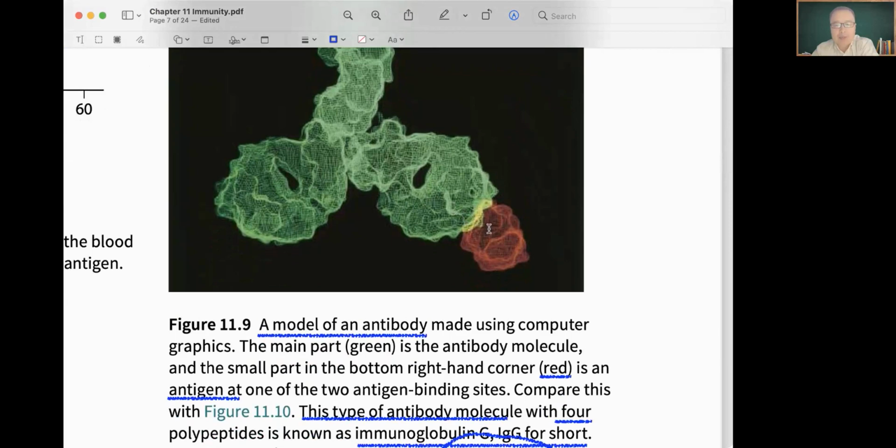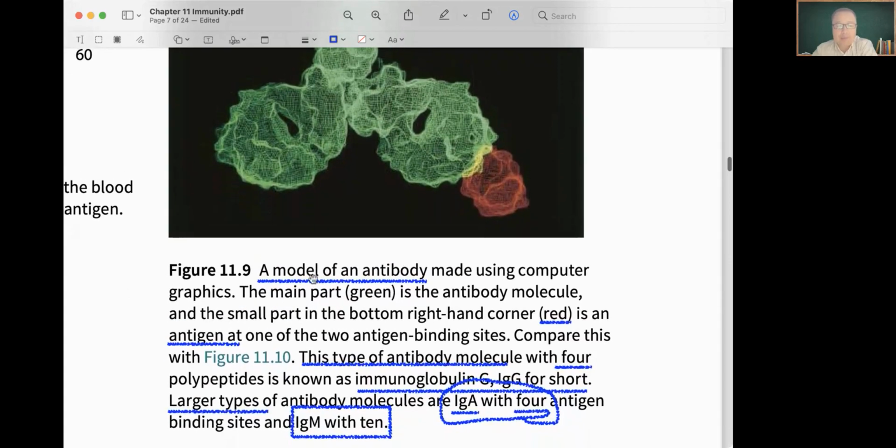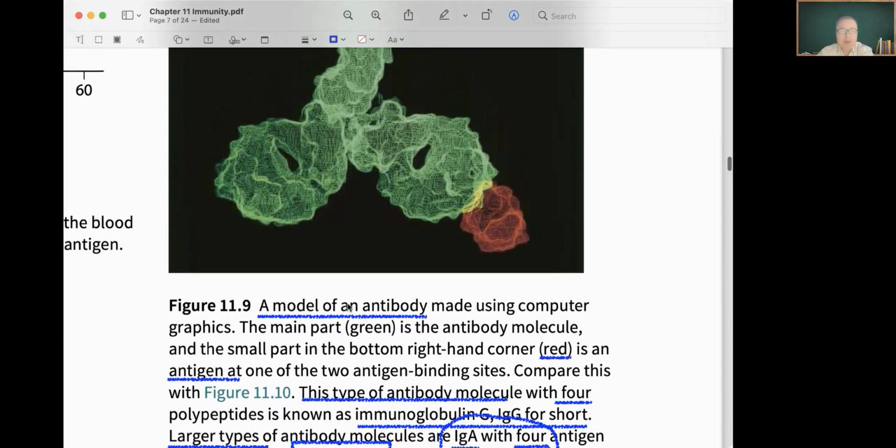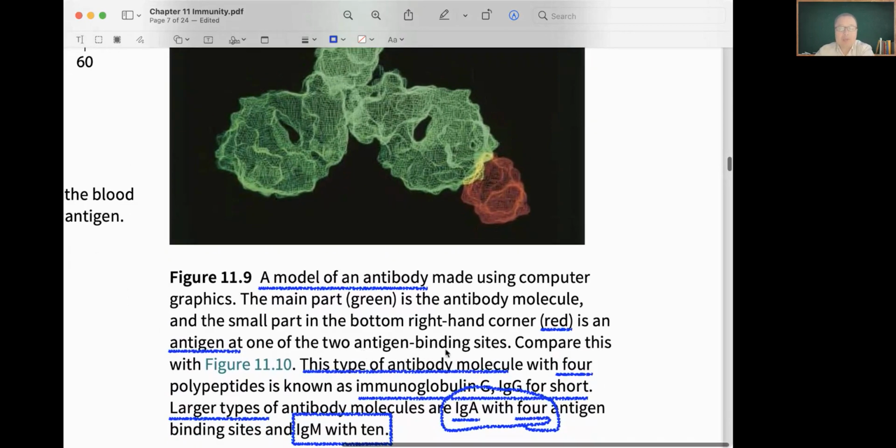They combine with each other. This is a model of the antibody made using computer graphics. The main green part is the antibody molecule, and the small red part in the bottom right-hand corner is the antigen, at one of the two antigen binding sites. There are two sites, on the right and left. Compare this with figure 11.10.